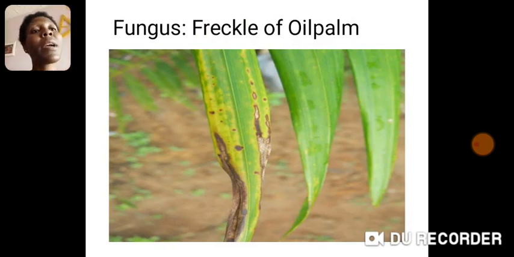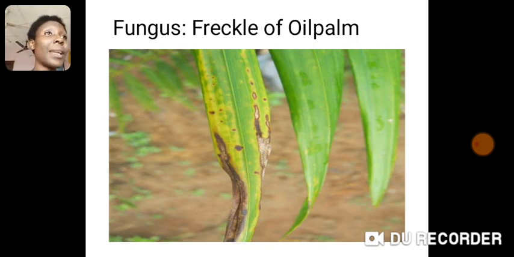Now this one is freckle of oil palm, affecting oil palm trees, particularly the leaves. The fungus species that causes these freckles on oil palms are leaf feeders. They just affect the leaves, like the pest.